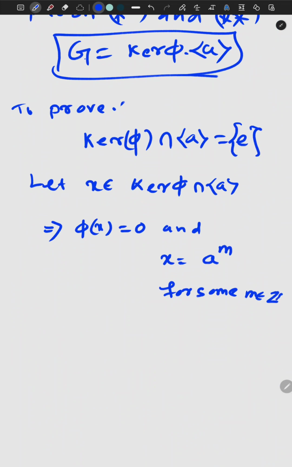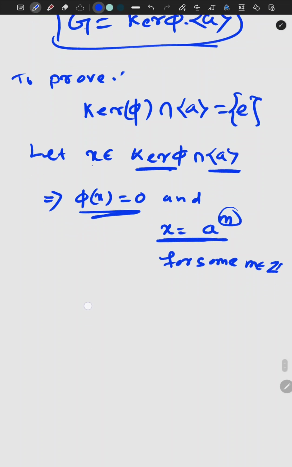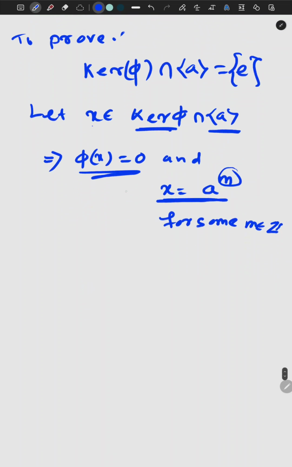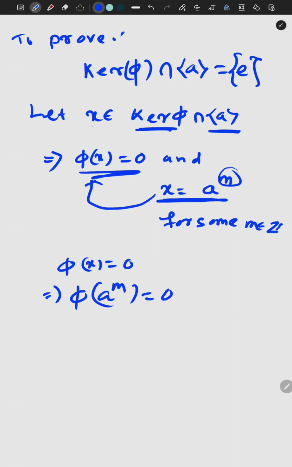So x belongs to kernel phi, so phi of x equals 0, and x belongs to the subgroup generated by A, so x equals a to the power m for some m belongs to Z, and m can also be negative. Putting these here, phi of x equals phi of a to the power m equals 0.